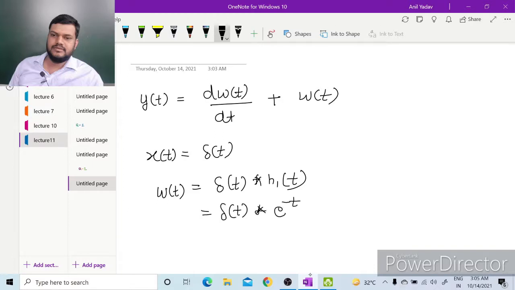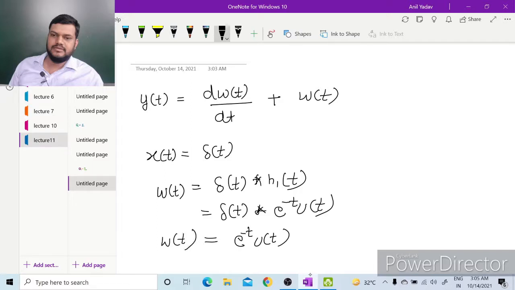We know by the properties of the convolution integral that anything convolved with δ(t) is itself, meaning x(t) convolved with δ(t) is x(t). So w(t) will be e^(-t) u(t).